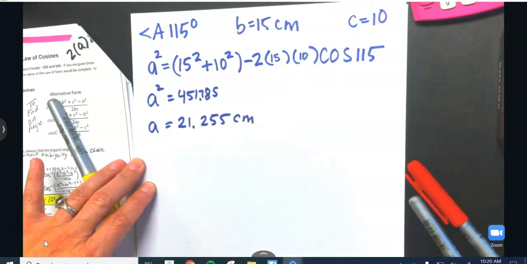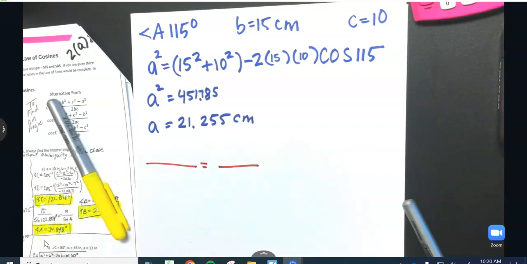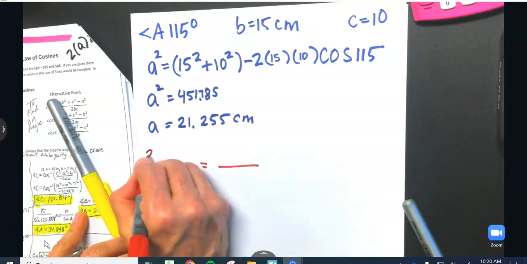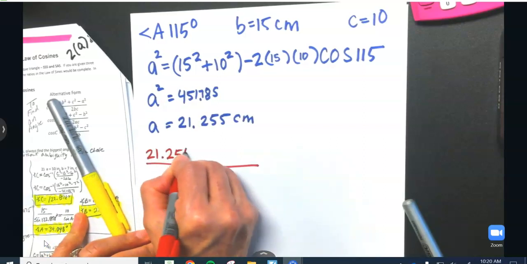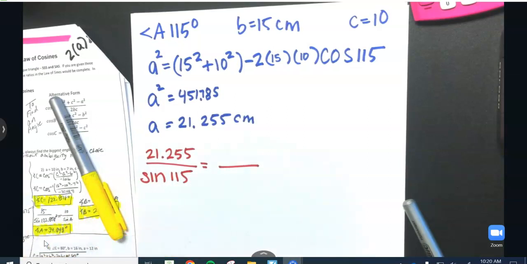Remember, law of sines is so easy because your junior high teacher totally showed you how to solve proportions. So it's going to be 21.255 over the sine value of 115. And again, it doesn't matter which one you find, but your teacher is going to go in alpha order.